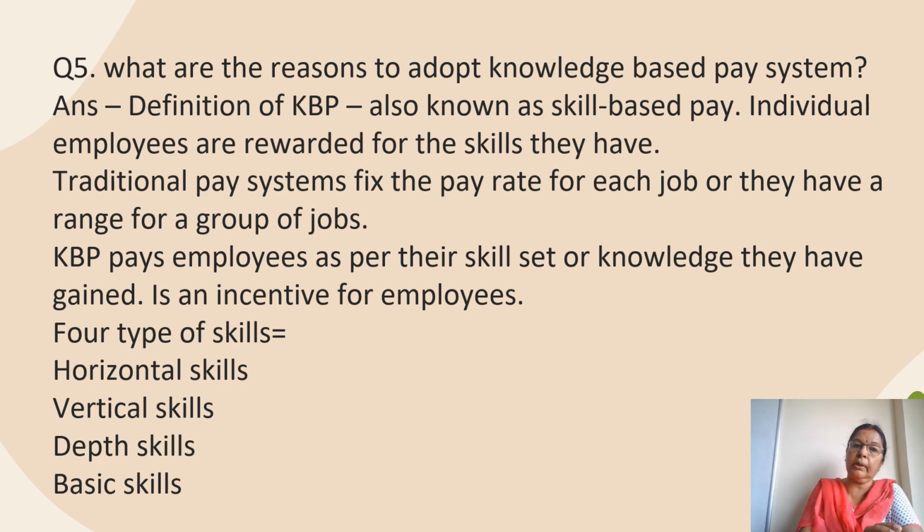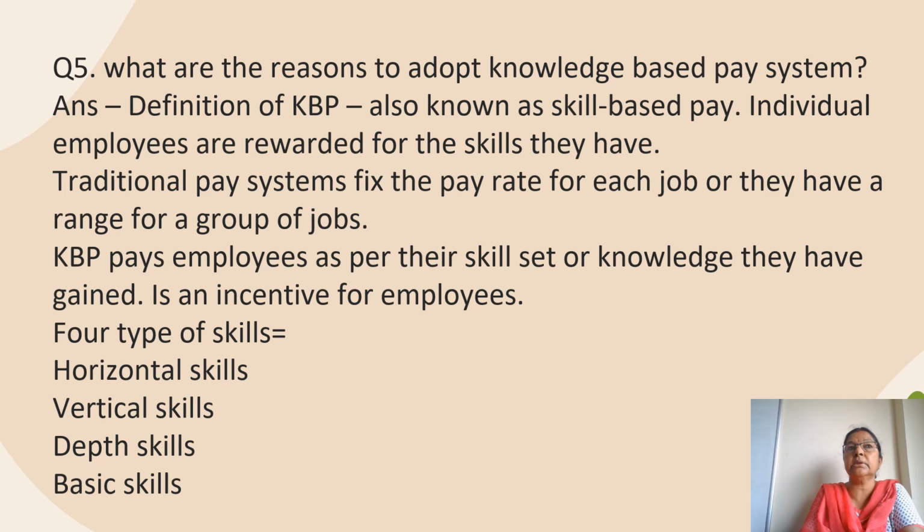So what are the reasons why companies are adopting, why they are following this KBP? KBP is followed by companies because it is like an incentive. It is one way to motivate your employees. So you motivate those employees who have better skills, who have specialized knowledge. There are 4 types of skills: horizontal skills, vertical skills, depth skills, and basic skills.